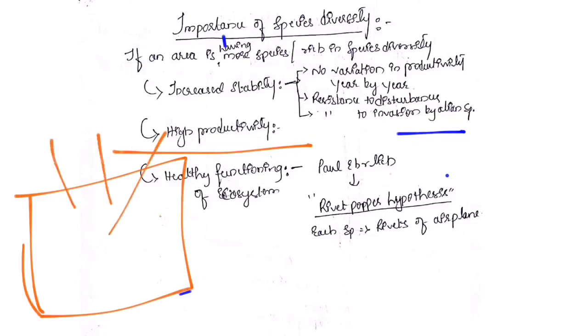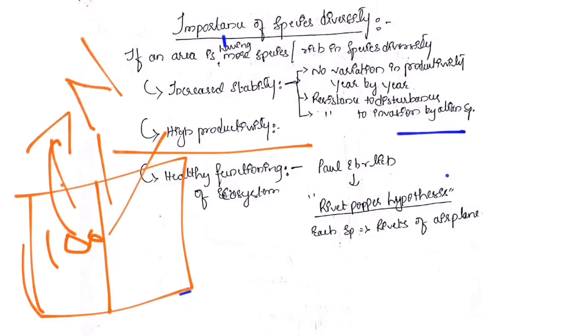Say, this habitat is having around 100 different species of producers, so their productivity is more. So when the productivity is more, net primary productivity will be more. If productivity is less, obviously the net primary productivity will be less.